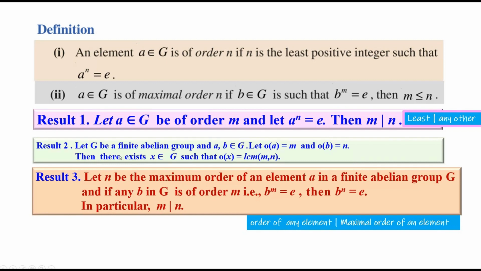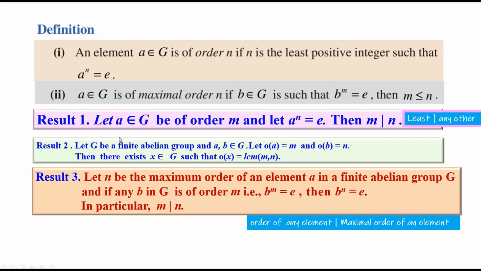Now, this result that we will prove, that least must divide any other, and this is another result that we will be proving. After proving that, we can make use of it in proving the fundamental theorem on finite abelian groups. So to prove this, we need this result. This result says that if G is a finite abelian group, A, B belong to G, and if order of A is m, order of B is n, then there exists an element x in G such that order of x is the LCM of m and n.